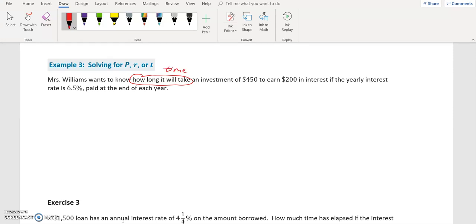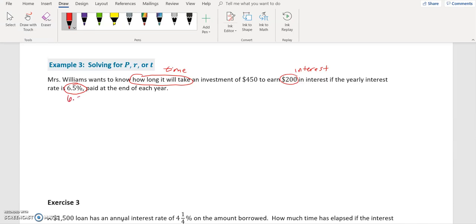An investment of $450 to earn $200 in interest. So $200 is the amount of the interest. If the yearly interest is a rate, they even give us the word rate and the percent sign, 6.5%.